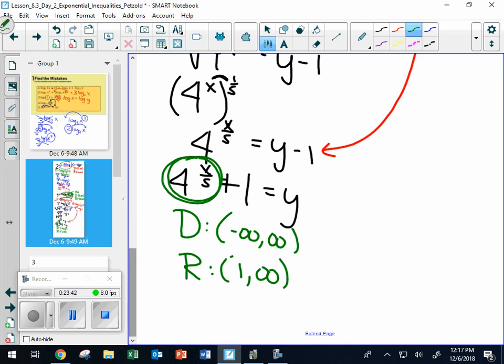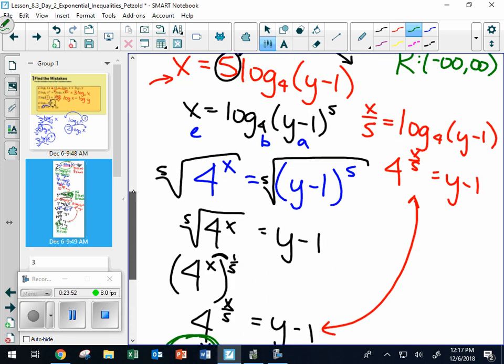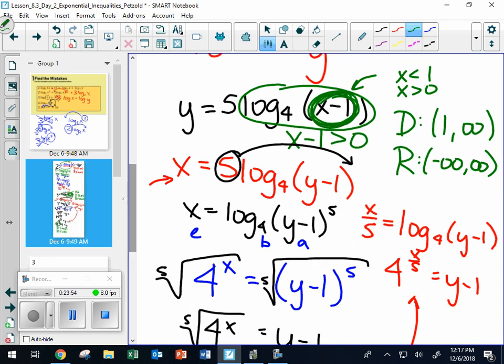It just flipped. So if you are unsure about the domain or range for one of these types, either for the exponential or for the logarithmic, all you have to do is say, okay, well, I already know what the domain and range is for this. So if I'm taking the inverse of this, I'm just going to flip my domain and range, and there, I've got the domain and range for my inverse function.